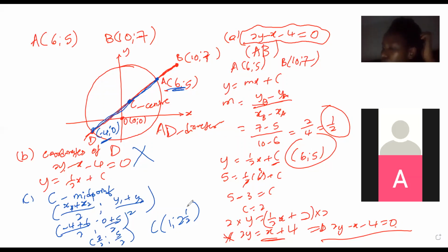Okay, so once we have the coordinates of C, they're asking us to determine the equation of the circle. We know the general formula for the equation of a circle: (x minus a) squared plus (y minus b) squared is equal to r squared.